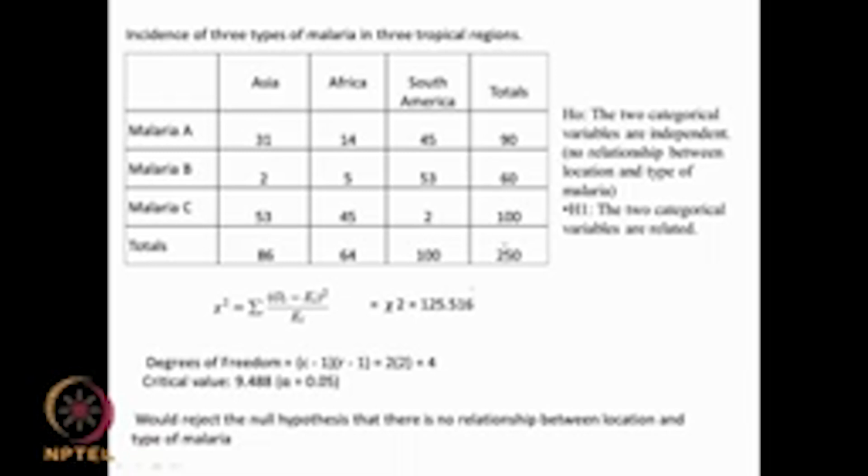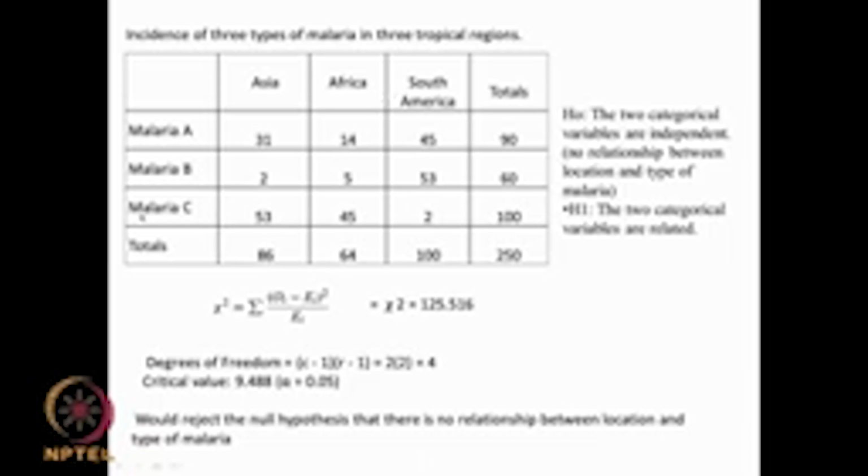This is what is observed, okay. The expected, we expect all the malaria either to be the same, that means the H0 will be that the 2 categorical variables, that is type of malaria versus the type of continent, should be independent; there should not be any relationship between them actually.